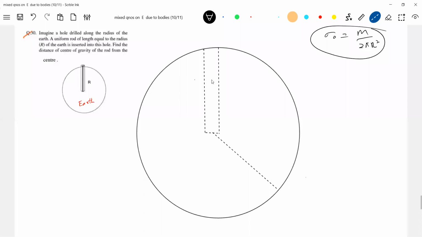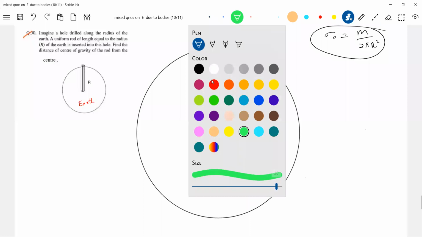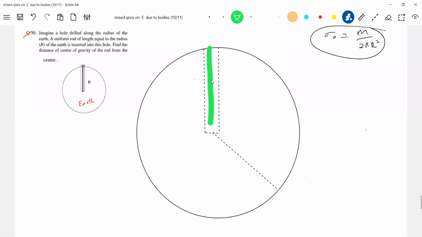Some small tunnel, a hole is drilled, and inside that a rod is placed. That rod, I'll show it. Now the green color is a rod.